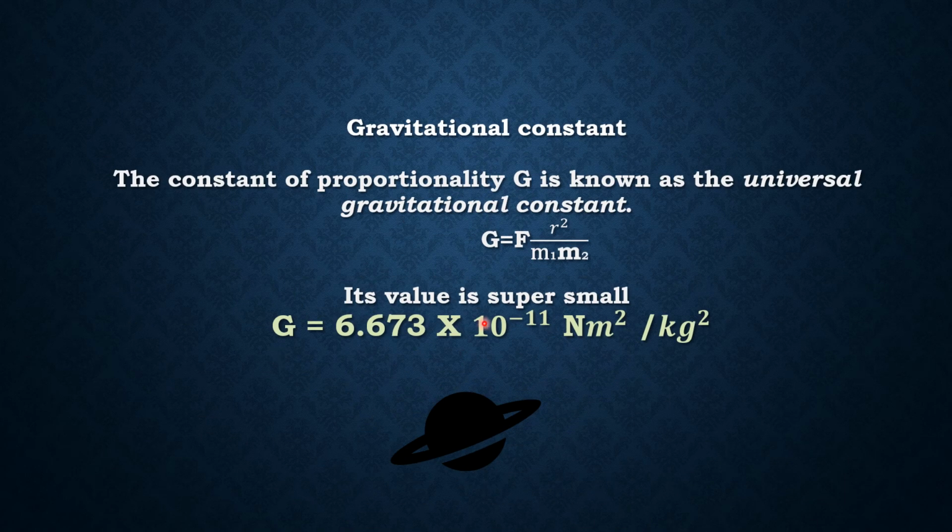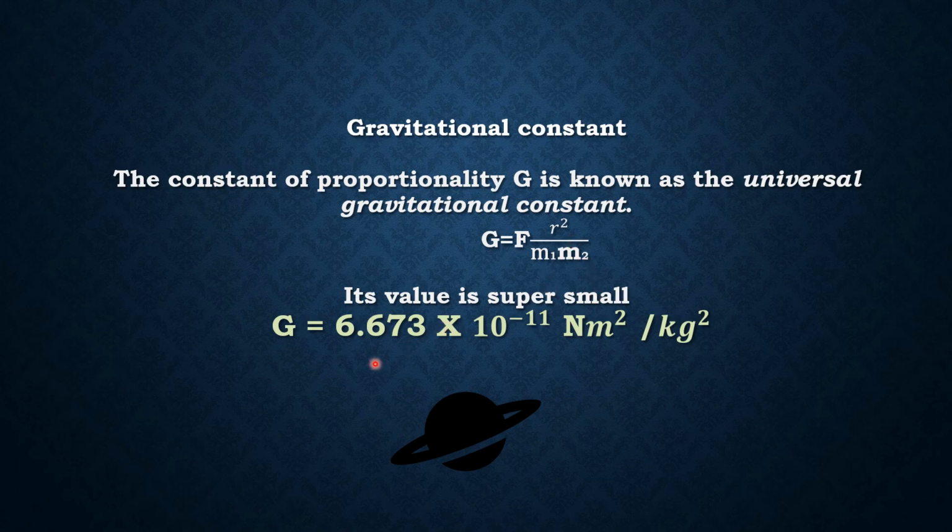This gravitational constant is also called the universal gravitational constant because its value remains the same everywhere in the universe. From the previous formula, we can represent G as F multiplied by r squared divided by m1 m2.